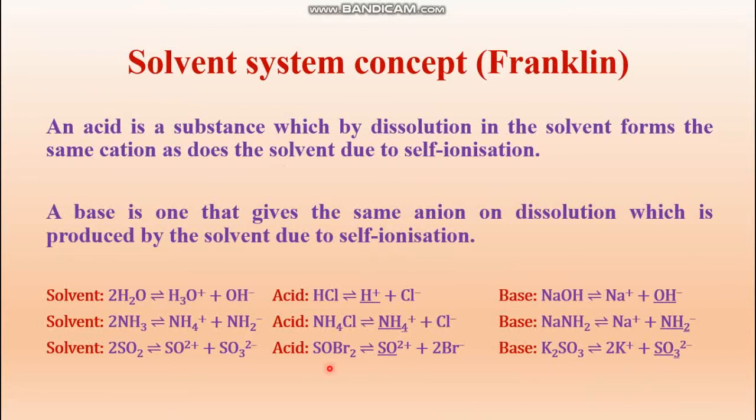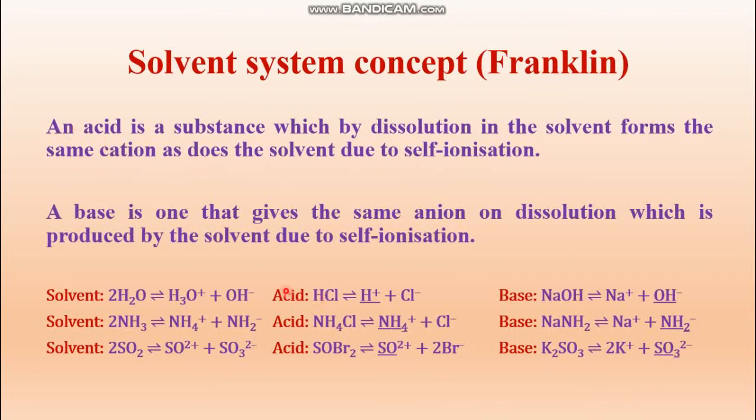So if the species produces the similar cation, then it will be treated as the acid, or if the species is producing the similar ion as the negative ion produced by the solvent, then it will be treated as a base. So an acid is a substance which by dissolution in the solvent forms the same cation. Look at here. Same cation as does the solvent due to self-ionization.